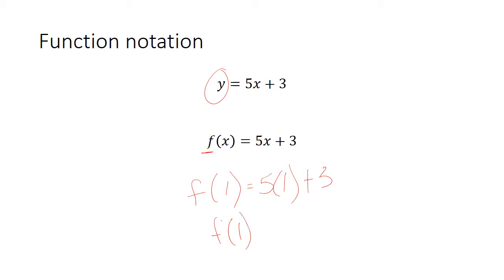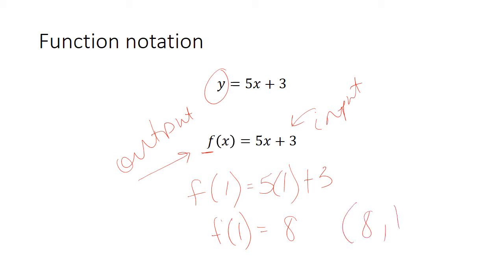So if x is 1, f of 1 is going to be 5 plus 3, which is 8. This is always going to be your output, and this is your input. If you were to make an ordered pair from it, it would be 1, 8.